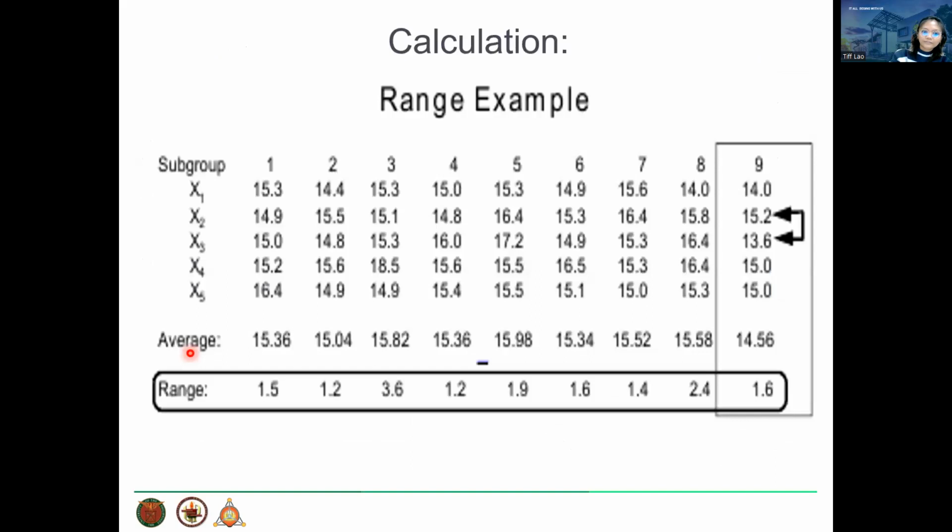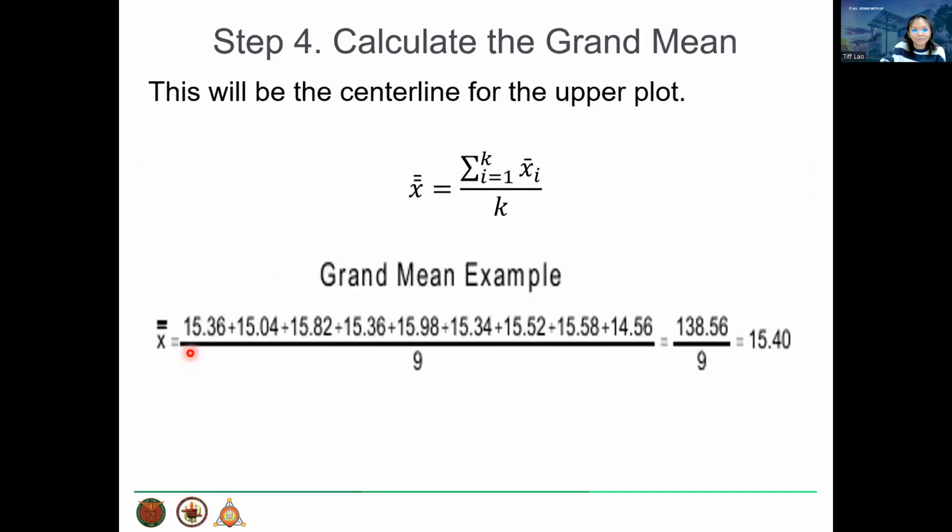Ayan. Ito sabi lang ulit kung paano kunin yung range. So anyway, after getting the average and the range per subgroup, we will now calculate the grand mean and the grand range. So basically, from the name itself, for the grand mean, kukunin mo lang yung average ng averages ng subgroups.